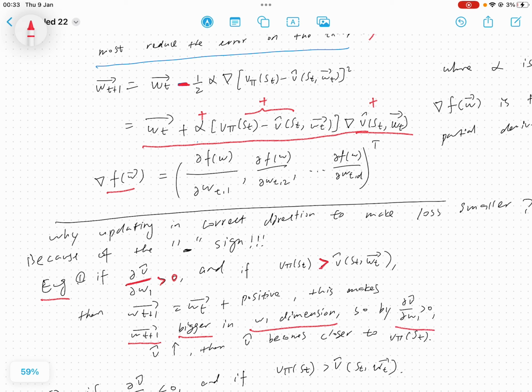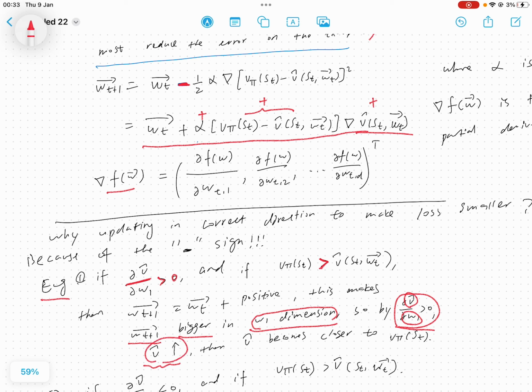And further, by the assumption that V hat is increasing in W1, if we increase W1, then V hat is increasing.